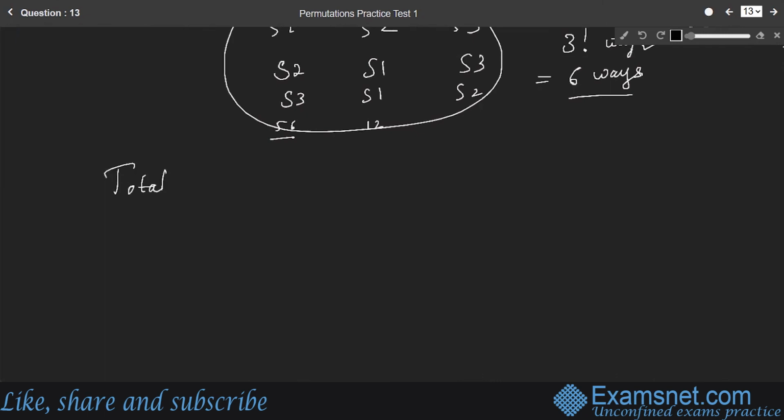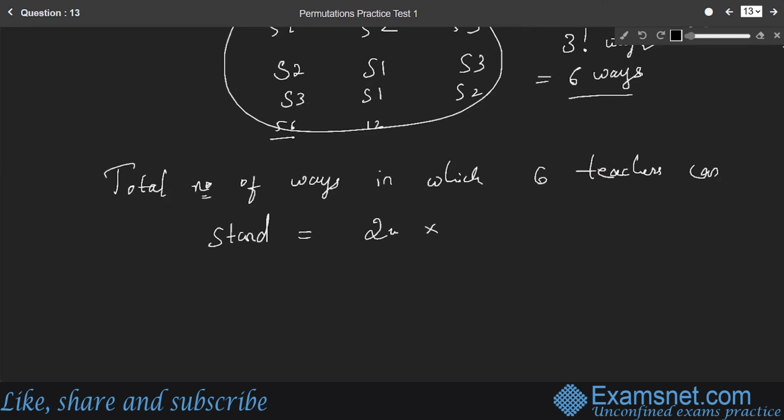Therefore, the total number of ways in which 6 teachers can stand is equal to two ways in which two primary teachers can stand, into two ways in which two middle school teachers can stand, into two ways in which secondary teachers can stand, into 6 ways in which the arrangement of 3 sets can be possible.